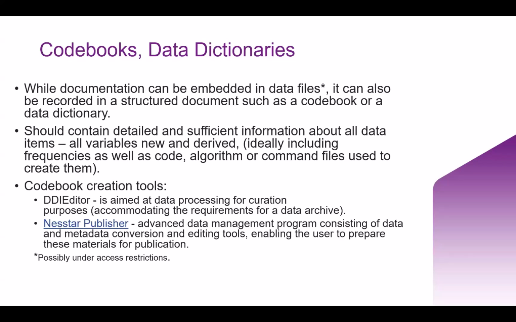Frequencies might have command files that were used to create some of the derived variables. We also have codebook creation tools. So we use the DDI editor, which is aimed at data processing for curation purposes. So this can be used prior to depositing your collection in the archive. We also have the Nesstar Publisher. There's a lot of existing information on these and how they can be used. So please do check the links there for further information on these.